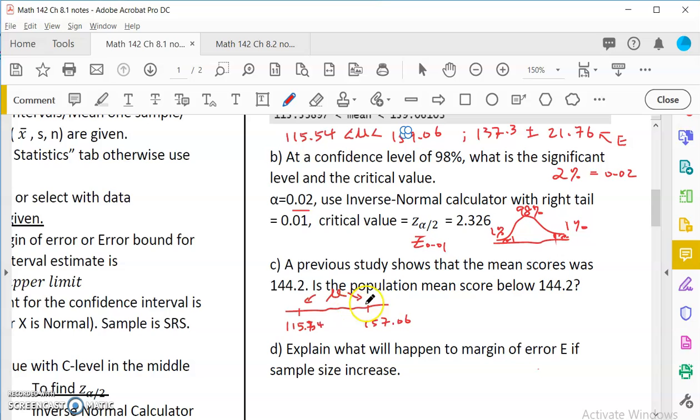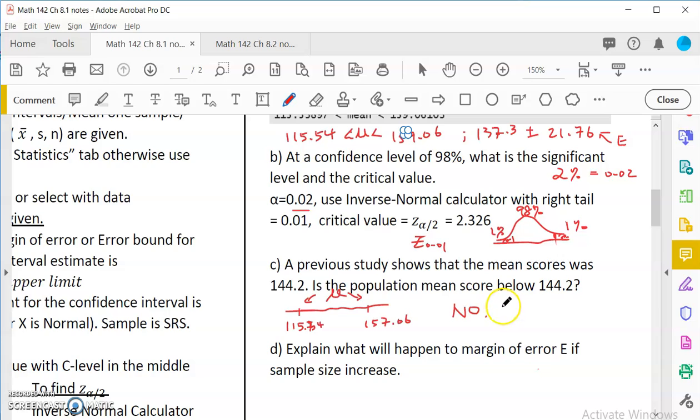It could be any one. Can all of these numbers be below 144? Some of them are, but it cannot be concluded, because it could be 152, it could be 157. These are not below 144, so we would say no, because 144 is in the interval. The whole interval is not below it. So when you make a conclusion, it has to be about the whole interval.